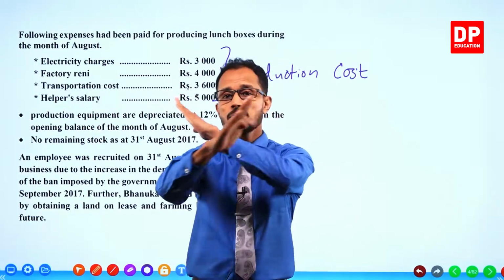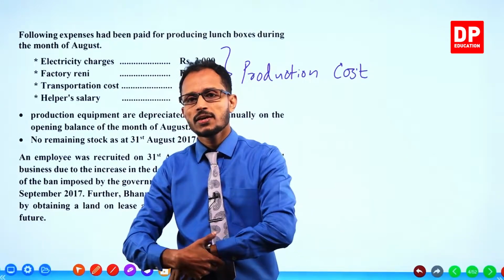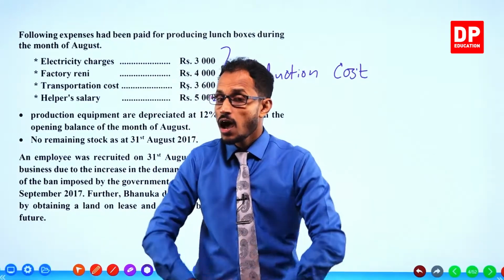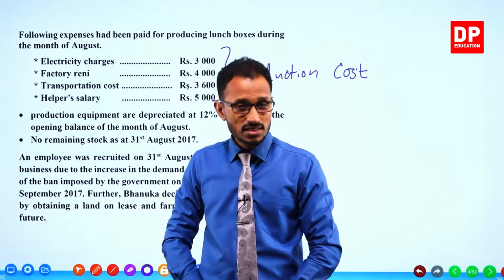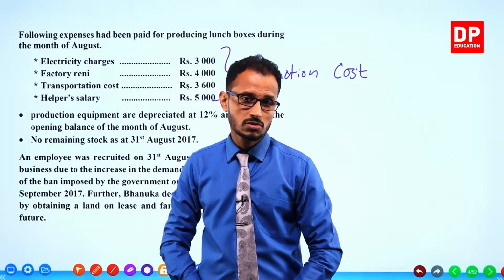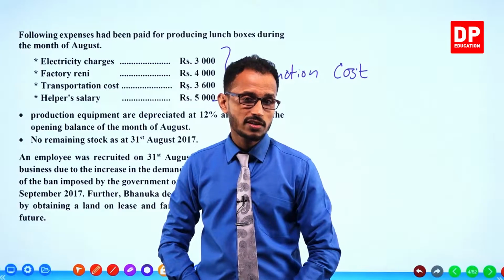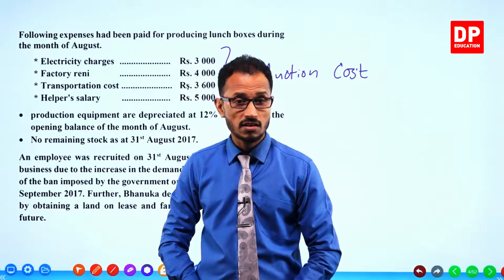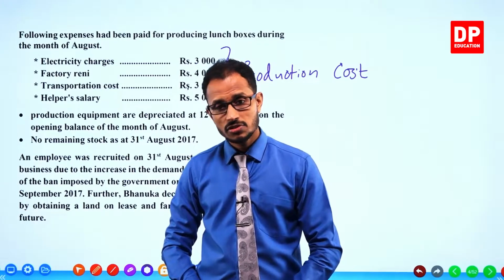So this ban is a great opportunity for Bhanuka, because without lunch sheets, how are they gonna take their lunch to office or to schools? Serious problem, right? Without lunch sheets, how are you gonna bring your lunch?